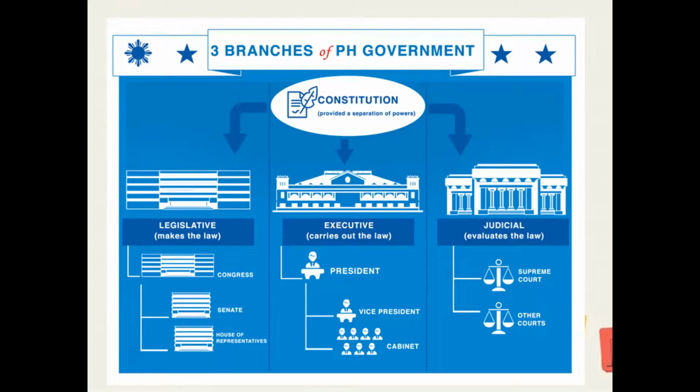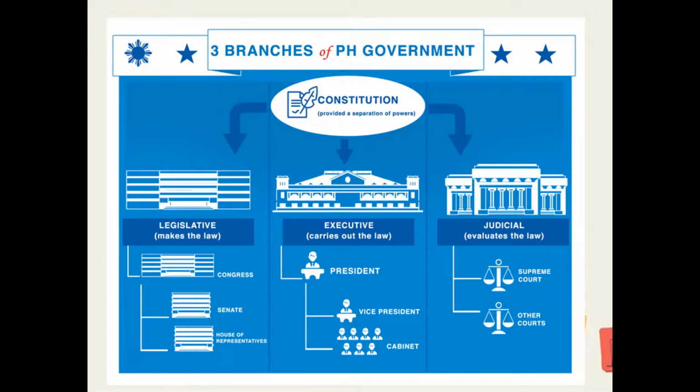So let's say A smoked in public, well, the public officer or the police officer can arrest A for smoking in a public place. So in that case, the executive department is implementing the law. Okay? So without the executive department, the law will just be a written law, no?